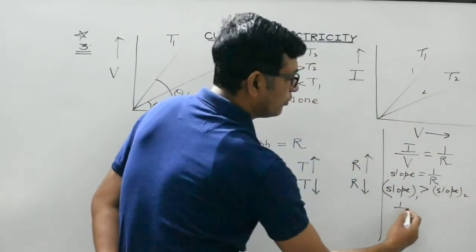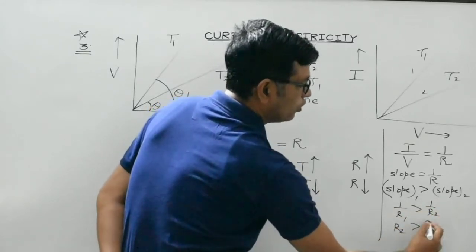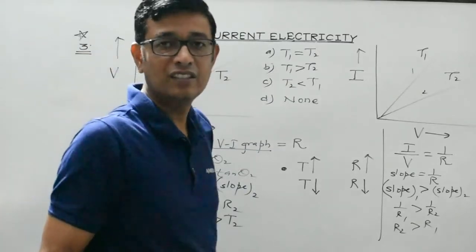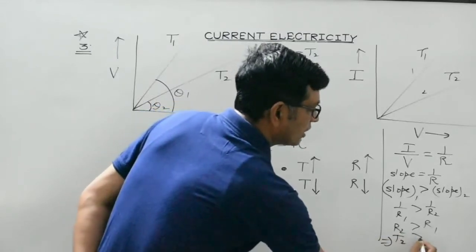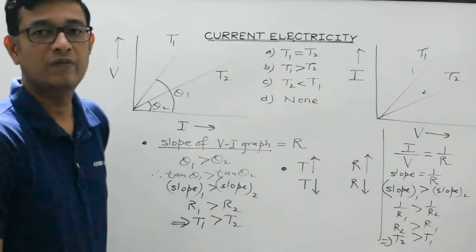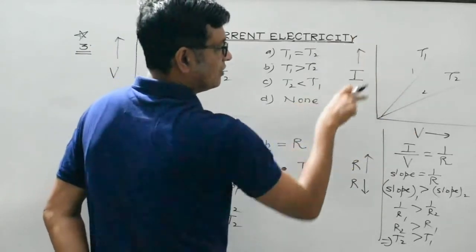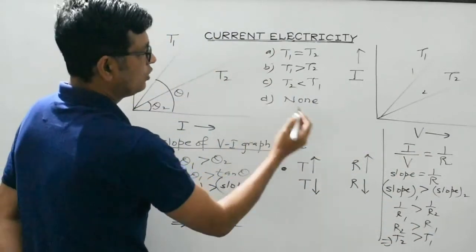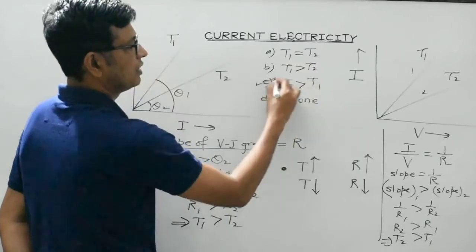Therefore 1 by R1 would be greater than 1 by R2, or R2 would be greater than R1. And as we are aware, resistance increases with the increase of temperature. So we can safely conclude that T2 is greater than T1. For this situation, when I is plotted along the y-axis and voltage along the x-axis, the correct option would be T2 is greater than T1.